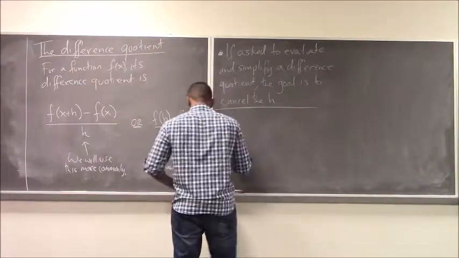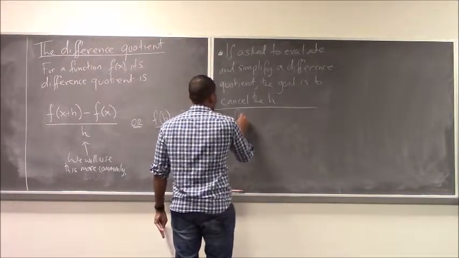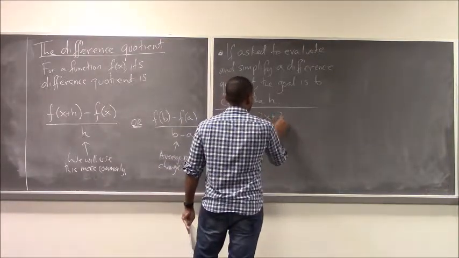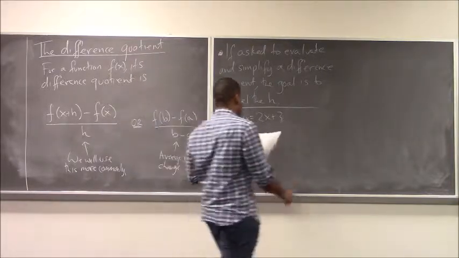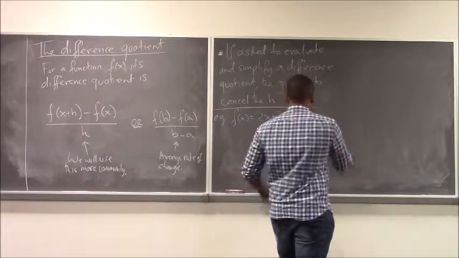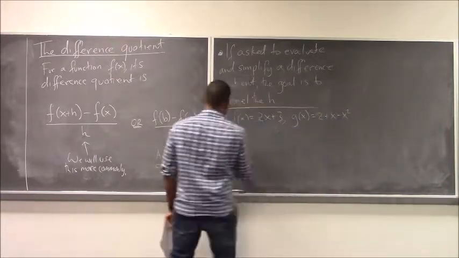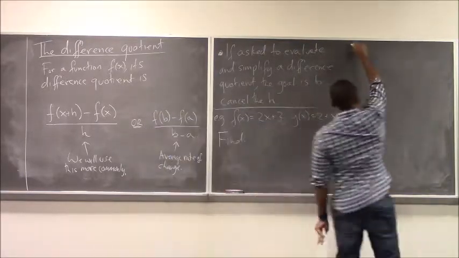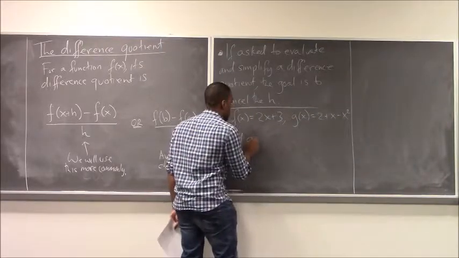So let's do some examples of this stuff. So suppose my f of x is 2x plus 3. That's one function, that name called f. And my g of x is 2 plus x minus x squared. Find the following. So it should be find and simplify.